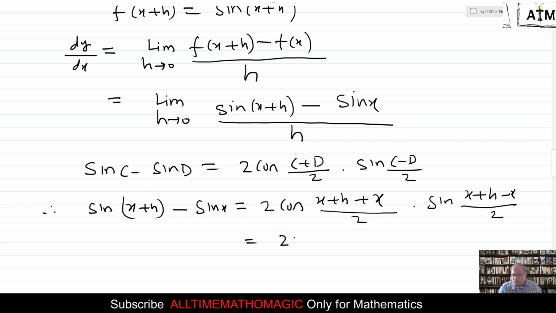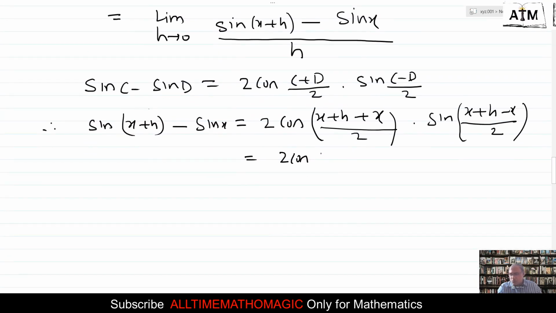This equals 2 cos of (2x plus h) by 2 times sin h by 2, as x and x get cancelled.